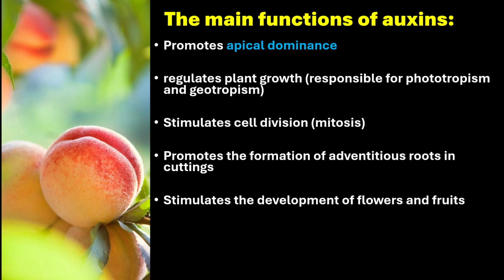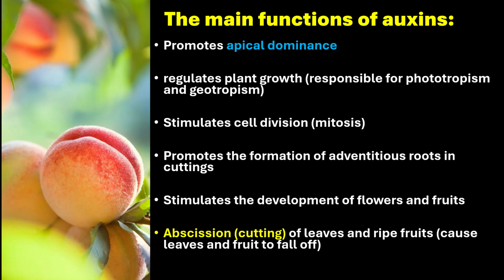Auxins also stimulates the development of flowers and fruits. And lastly, abscission of leaves, meaning cutting of leaves and its subsequent falling to the ground, including ripe fruits. They are all stimulated by auxins.